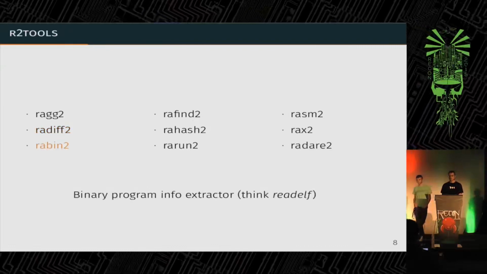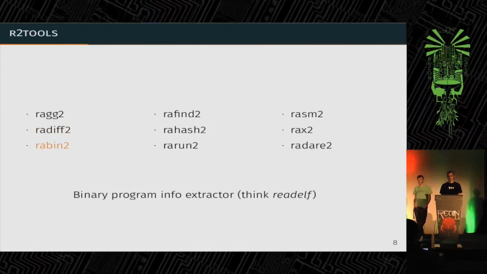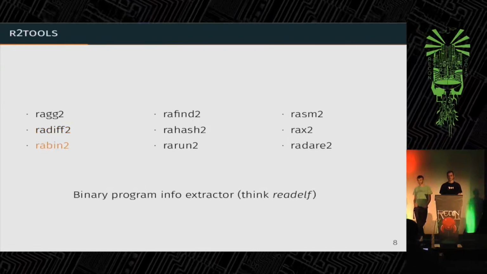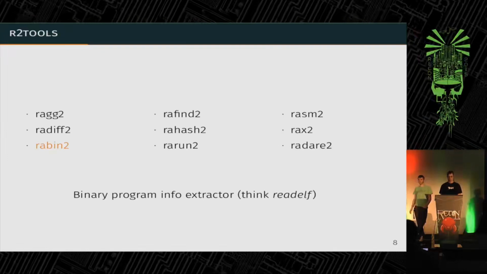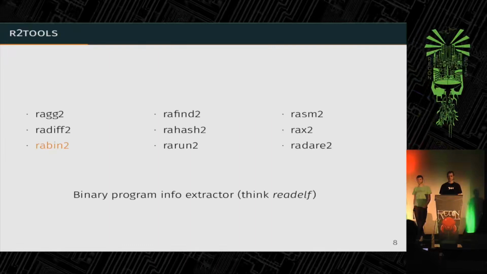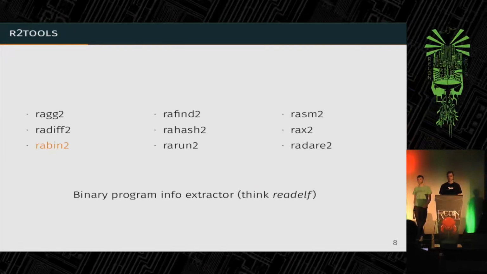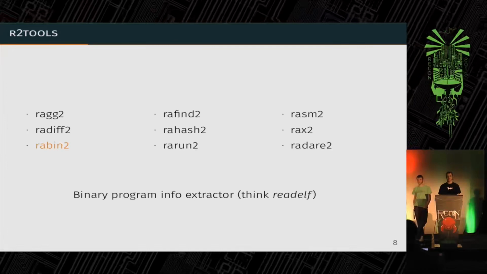Rabin2 is a binary program info extractor. Basically, if you're familiar with readelf, this is a similar tool, although it will work on any binary that R2 works on, so PE, ELF, Mach-O, basically anything R2 can understand, rabin2 can understand.